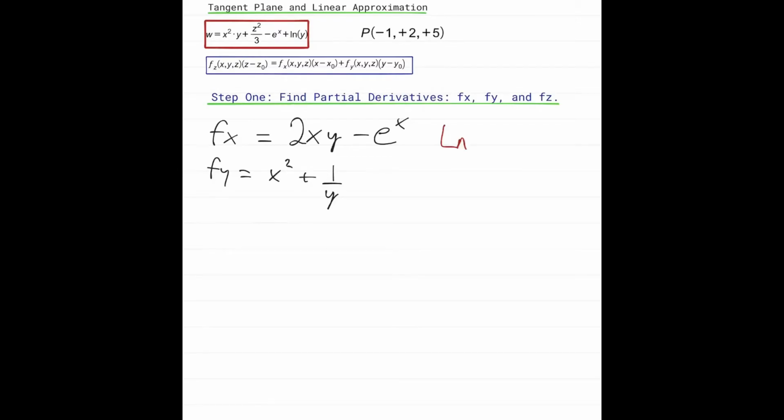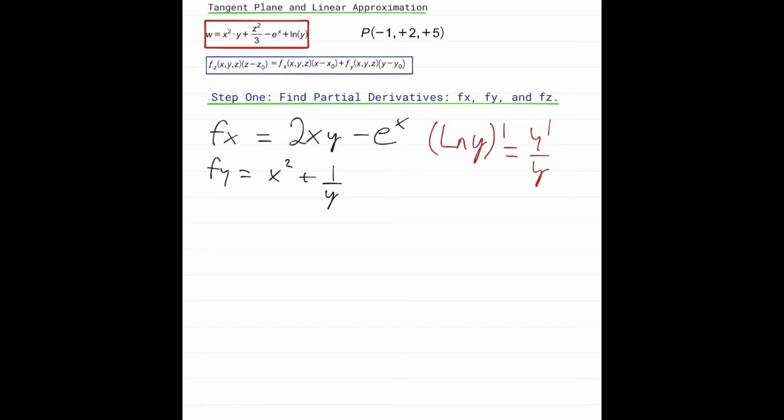The derivative of the natural log of y would be y prime over y. What's y prime? Y prime is the derivative of y, which is 1, or whatever constant you have in front of the y, divided by y. So that's how I got the 1 over y in my partial y.